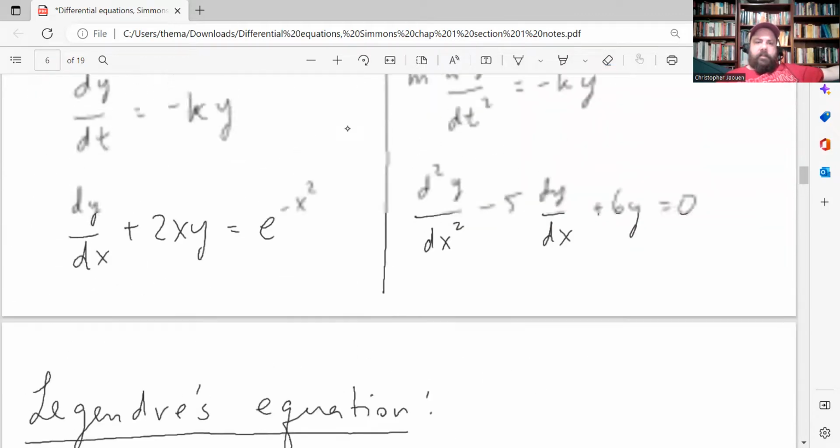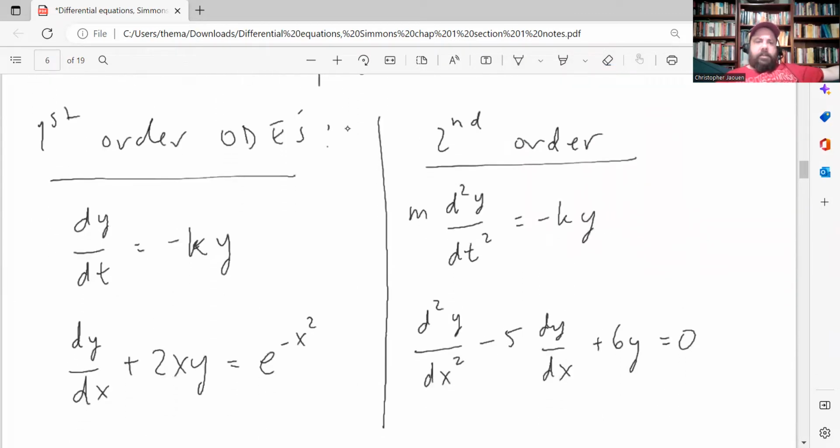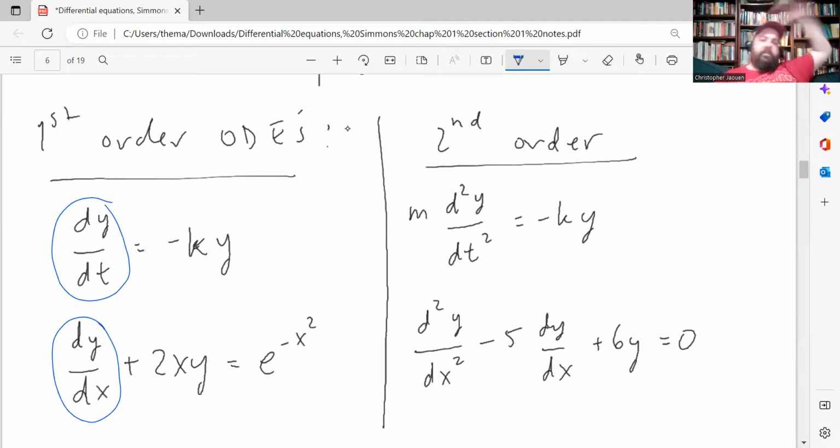And he has some other examples of differential equations up here. Some of them are famous. So here, these are some examples of first order differential equations. Notice this is first order because the highest order derivative that occurs is the first derivative. Same thing here, the highest order derivative that occurs is the first derivative.